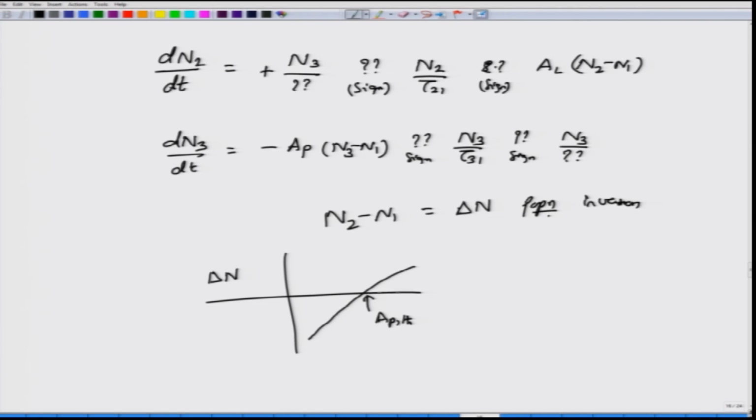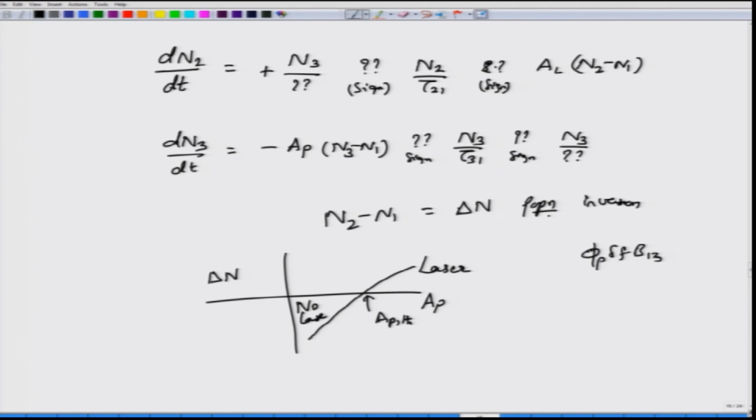Once the pumping increases beyond this threshold value, remember AP is proportional to phi p delta F times B12, or rather B13 or B31, whatever that is. So, it is phi p delta F, the pump photons that we are talking about. Once the pump photons sufficiently exceed the threshold value, then delta N becomes positive and you will actually have laser action here.